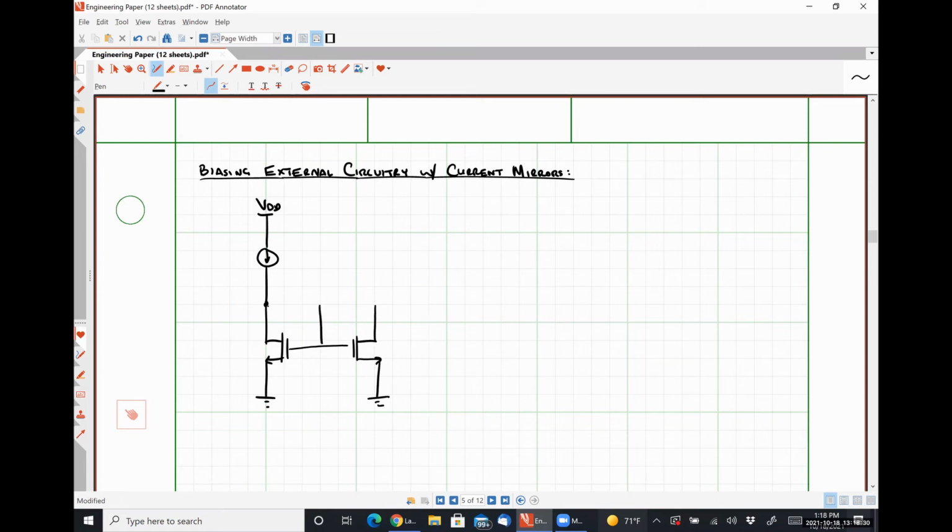All right. Here's M1. Here's M2. Here's W over L1. Here's W over L2.